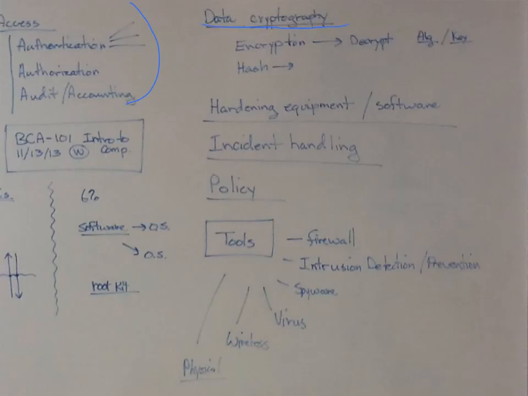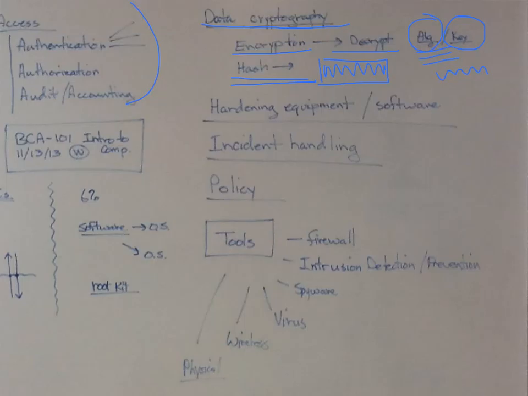Data cryptography. I mentioned that in the other class when I did the review. Encryption. We can encrypt and decrypt data. You have some algorithm that allows you, based on some key, to encrypt the data and decrypt it. We can create a hash on the data, a fixed size hash that represents the data.